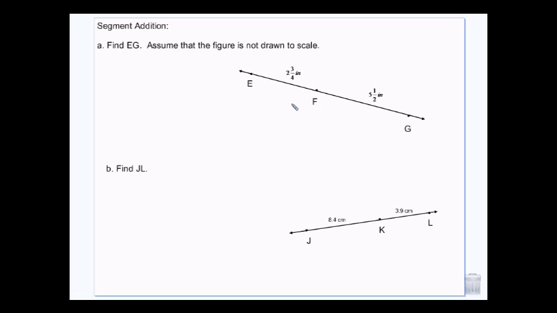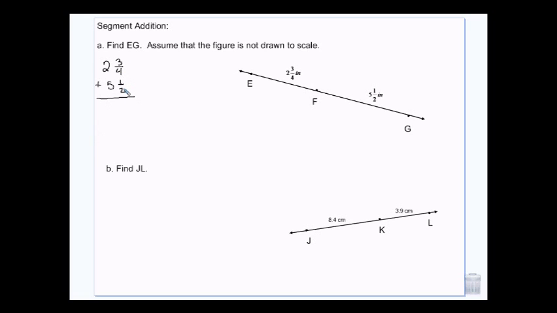EG is the whole length. So it would make sense that the length of this piece plus the length of this piece added together will make the length of the whole thing. Yes? Okay, I have 2 3/4 inches plus 5 1/2 inches, and I want to find out the total length, and here's where I have a problem.